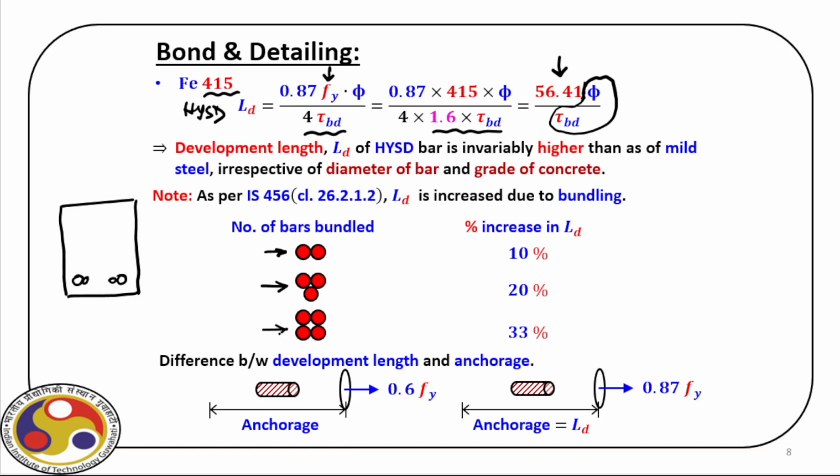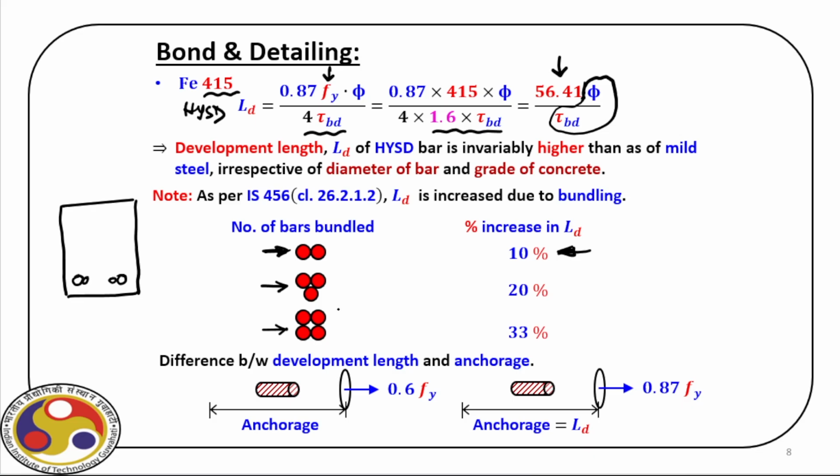Obviously, these are special cases, normally not recommended, because the moment we provide 2 bundled up bars, we will not get the complete surface area. Individual bars, if they behave as a single unit, will have sufficient bond strength developed over the complete surface area. However, in case of bundled up bars, this surface area, for example this region, is common and will not take part in bond strength, and therefore we need to increase the LD to get the same value as when we have a single bar.